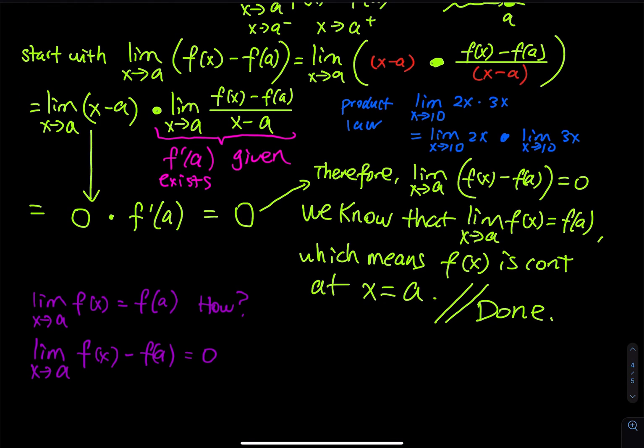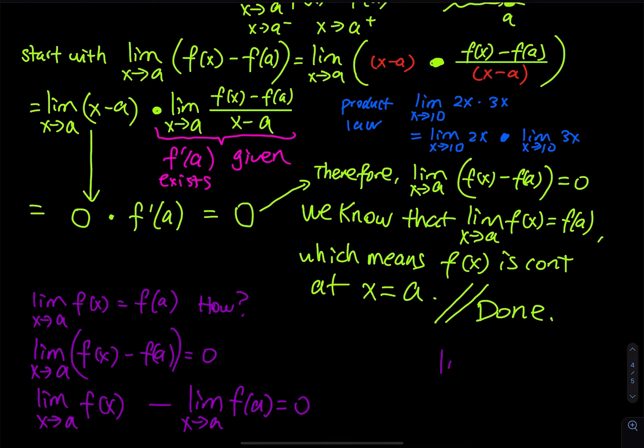And then we can break this down into two limits. So this is one limit. We can break this down into the limit as x approaches a of f of x, minus the limit as x approaches a of f of a, that is equal to 0. In case you don't know what I am talking about, let's say the limit as x approaches 10 of 2x minus x is the same thing as the limit as x approaches 10 of 2x minus the limit as x approaches 10 of x.